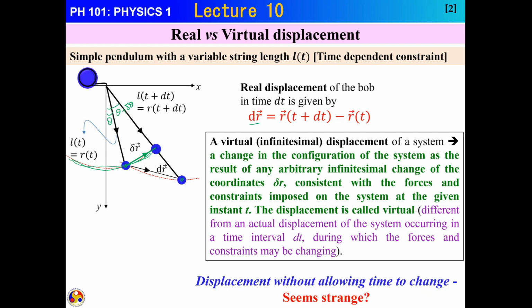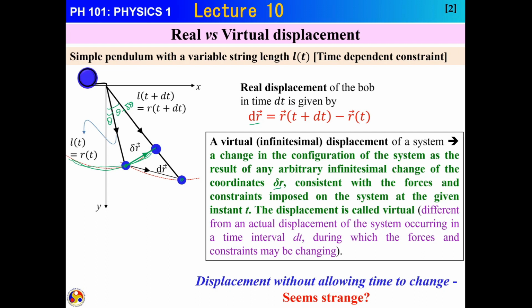If the length of the pendulum remains unchanged, then this distance that is moved, defined by the term delta r, is said to be a virtual displacement. That means from the equilibrium, you just displaced to an imaginary or infinitesimal distance.